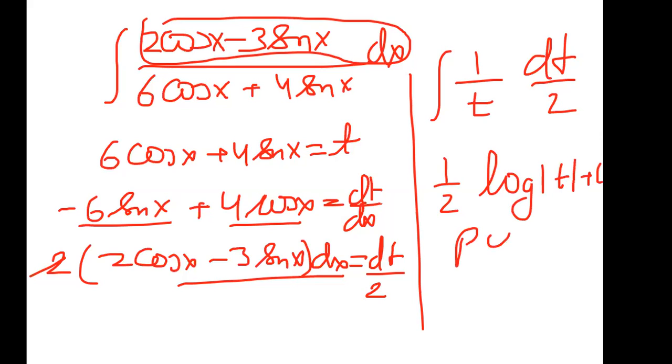When you put the value of t, you will be getting the right answer. So in this way we could do questions based on the substitution method. I suppose today you will be able to do many questions on the substitution method. One more very good example.